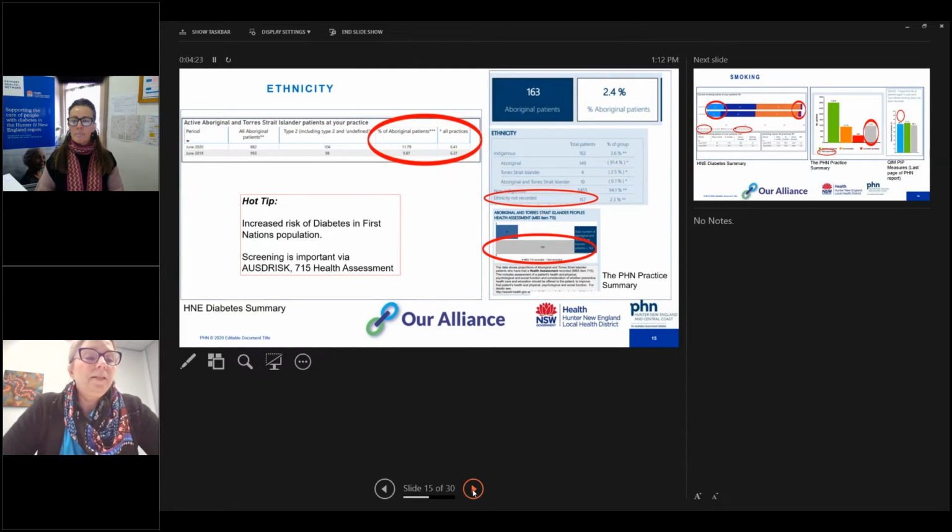So some of the ideas that we'd recommend out of the data reports are to look at ethnicity. So that's super important as diabetes is overrepresented in First Nations populations. And screening is important via the OSRISC cycle and also the 715 health assessments.